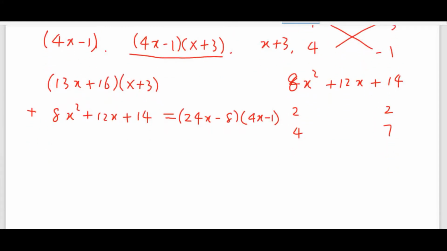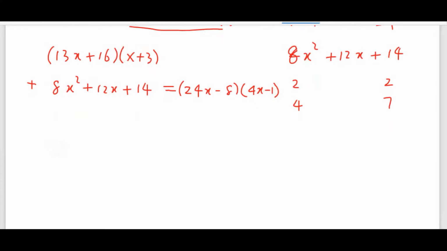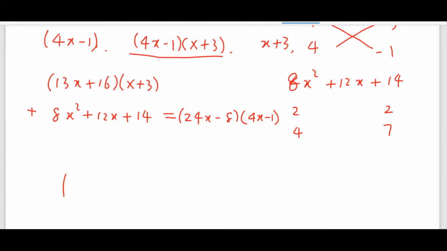To solve this equation, at first we need to write it in standard form. So we check the x squared term. The coefficient of x squared is 13 plus a, minus 24 times 4.